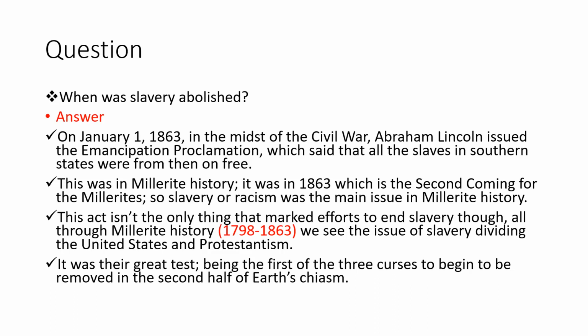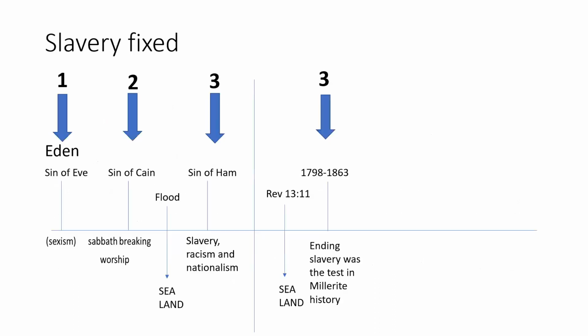So you see, God had this way of showing how these sins, when they are being restored, instead of starting with a smaller entity, just like how it started in Eden with only two people, Adam and Eve, now it's starting with the bigger entity, narrowing down to the smaller entities. So slavery was their greatest test, and being the first of the three cases to begin to be restored in the second half of the Earth's history. So it's going to look like this.